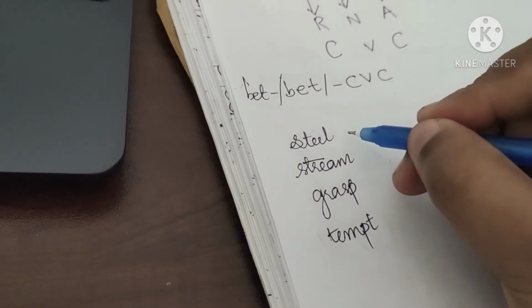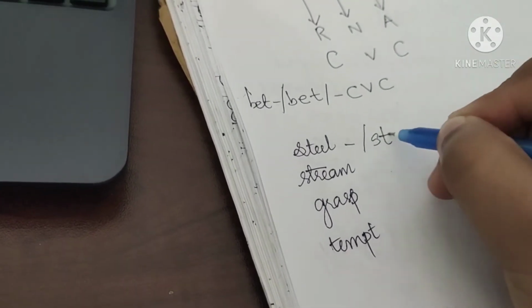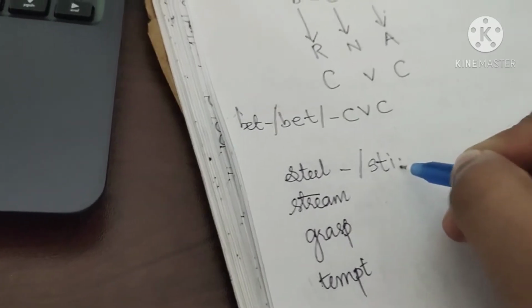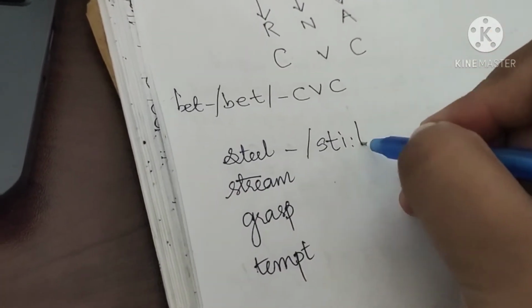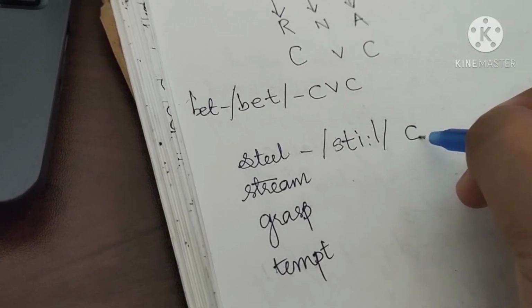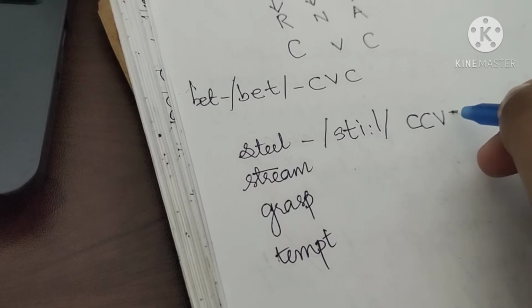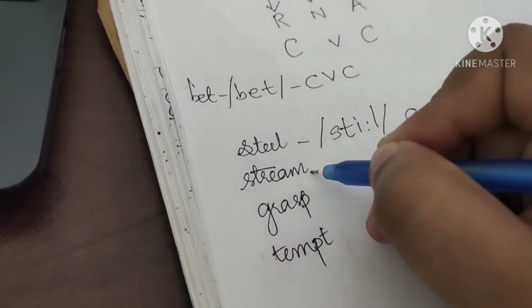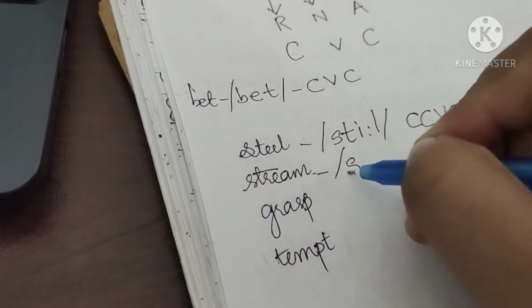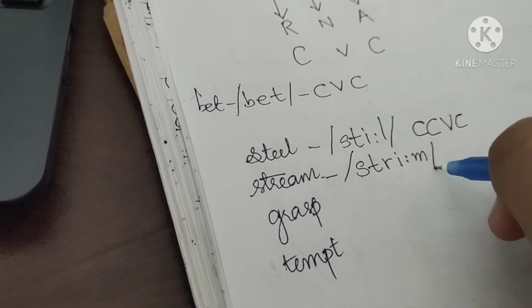Now let us see other examples. Steel, /s t i l/. S is a consonant, t is a consonant, i is a vowel, l is a consonant. Now stream, /s t r i m/.